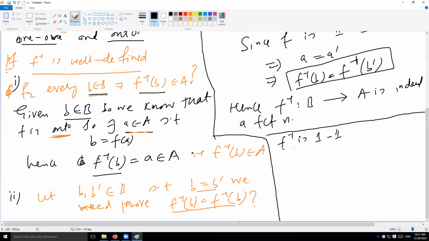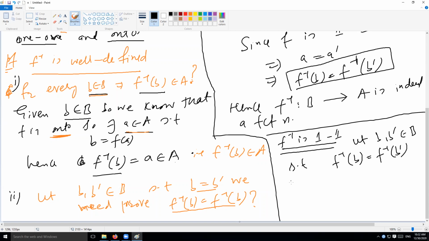So what do I need to show to prove F inverse is 1, 1? I need to pick two elements from the domain, like B and B prime, such that F inverse of B equal to F inverse of B prime.